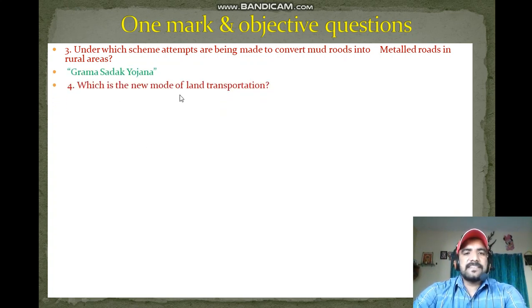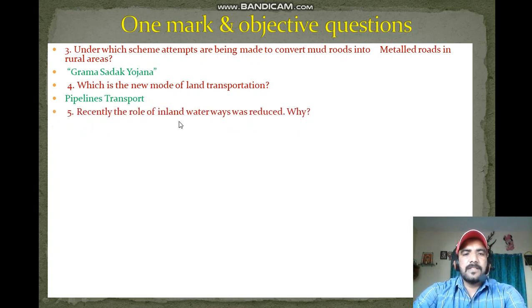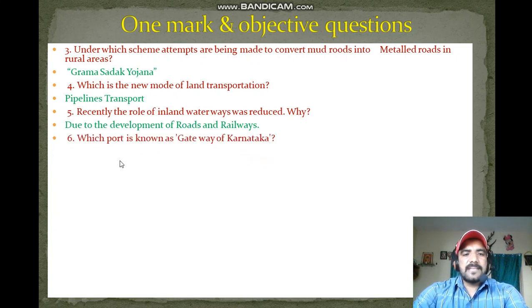Next one, which is the new mode of land transportation? That is pipeline transportation. Next one, recently the role of inland waterways was reduced. Why? Because of the development of roads and railways. Next one, which port is known as the gateway of Karnataka? You all know that is New Mangalore port.